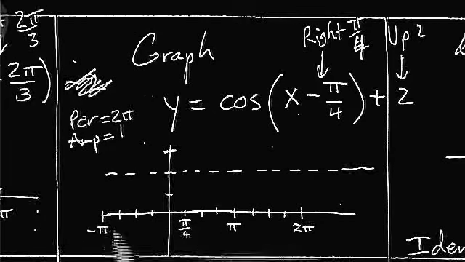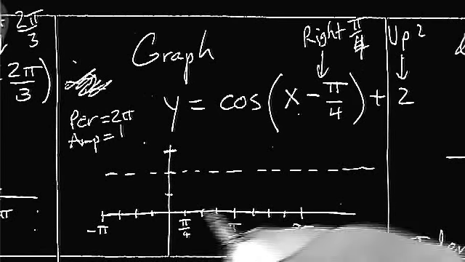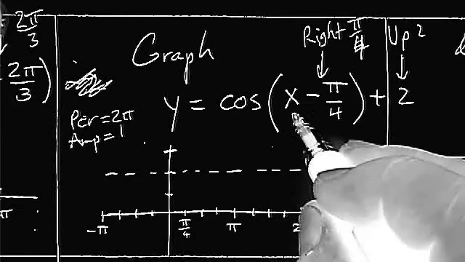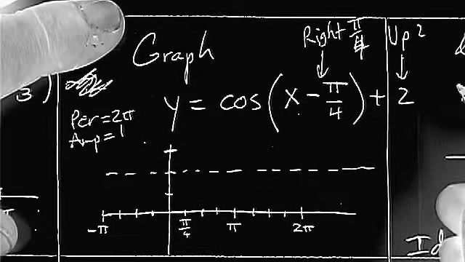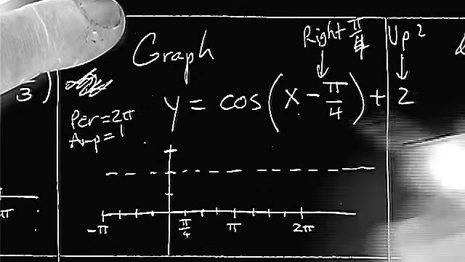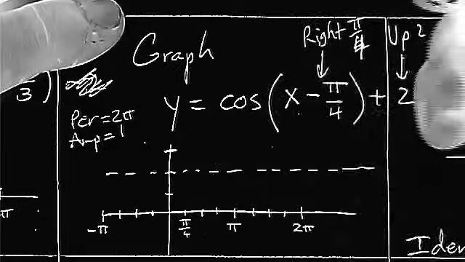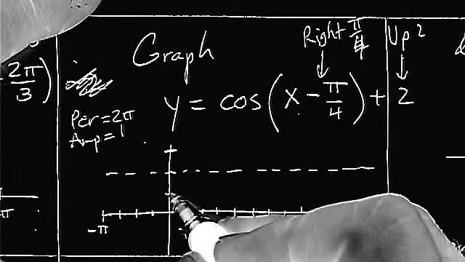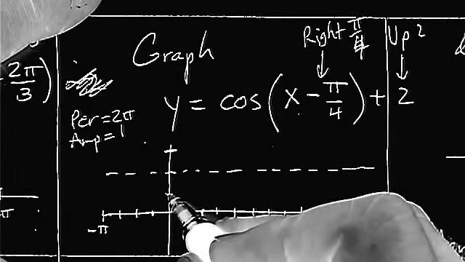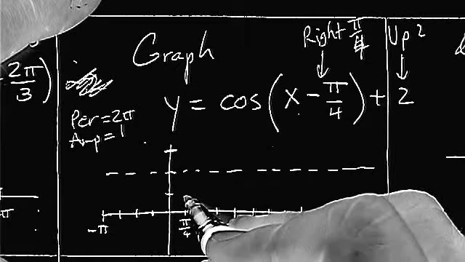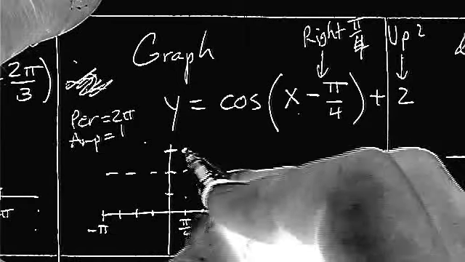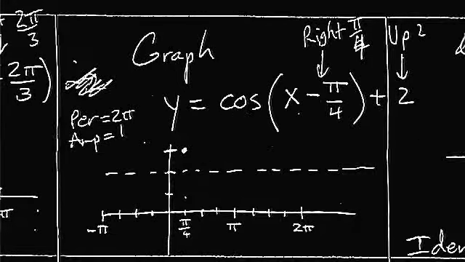So this over here would be negative pi. So we moved our cosine wave to the right, pi over 4. So take the old point where the cosine used to start out and move it right pi over 4 and up 2. So it's right here.